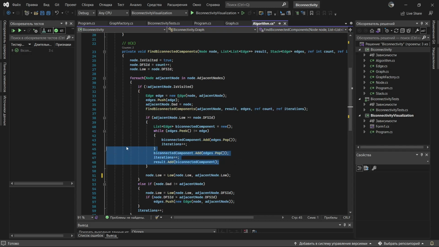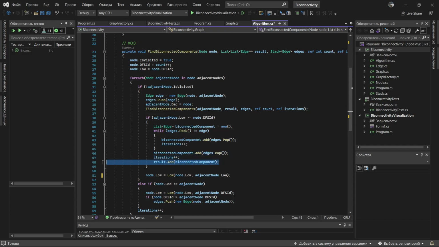And if this condition is true, it means that the algorithm found a biconnected component. It creates a list of edges where we will put our edges, and then the algorithm pops out every edge until the current edge where the algorithm is standing.